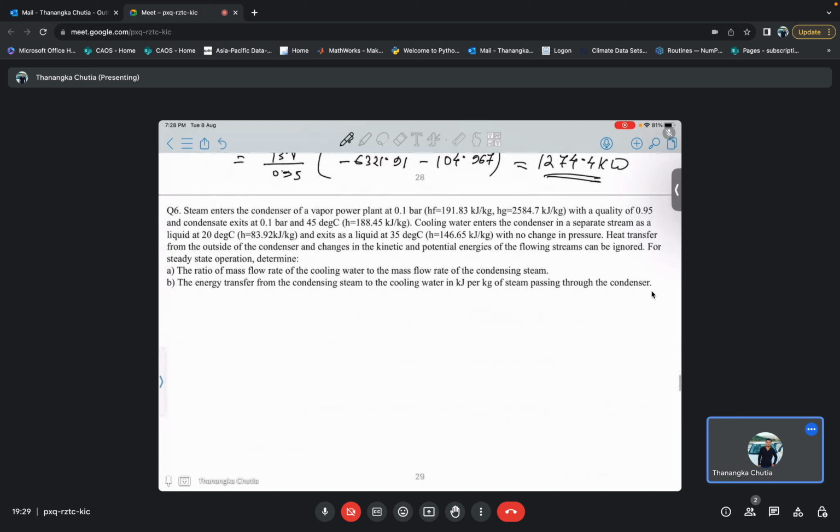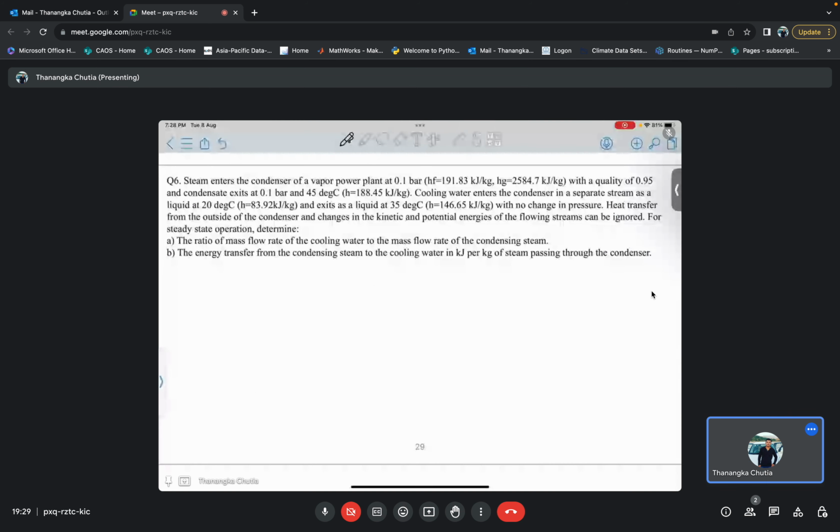Okay, so then let us move to the next question. Steam enters the condenser of a vapor power plant at 0.1 bar with a quality of 0.95. The condensate exits at 0.1 bar, and that is basically constant pressure heat rejection in the condenser, at 45 degrees Celsius.